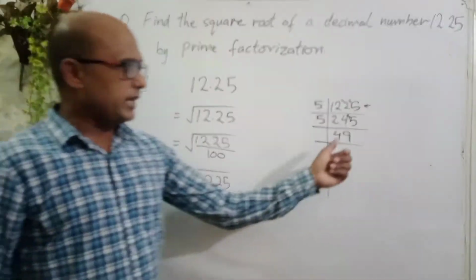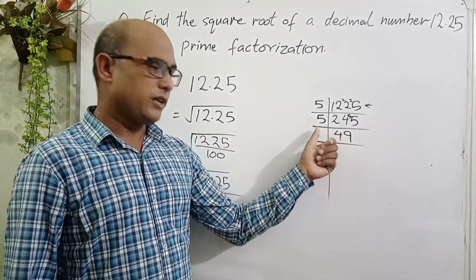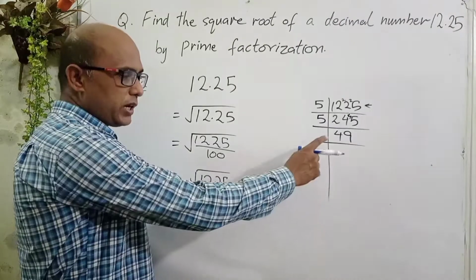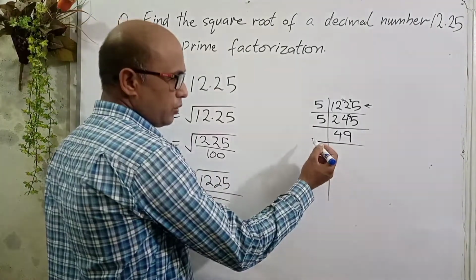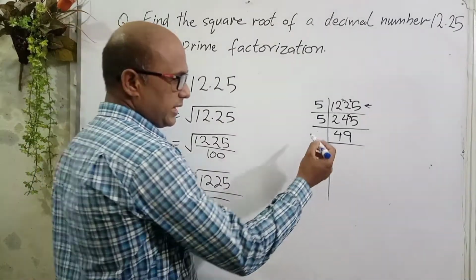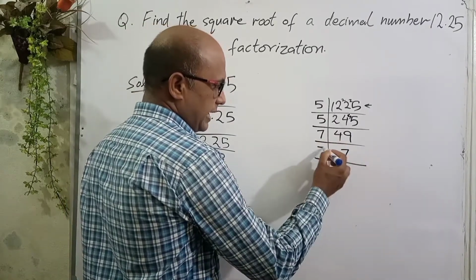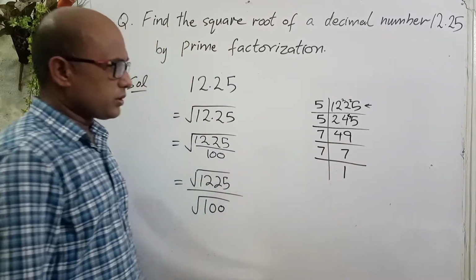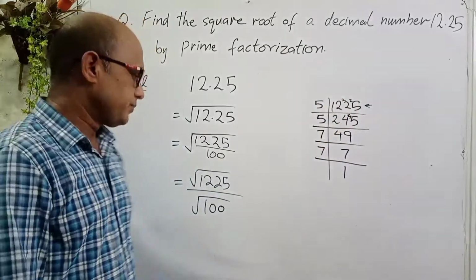Now see, 49. Is 49 divisible by 5, students? No, we know that. 49 is not divisible by 5. So we'll try the next one. The next prime number, students, is 7. So 7 7s are 49, and again 7 1s are 7. So these are the prime factors of 1225.